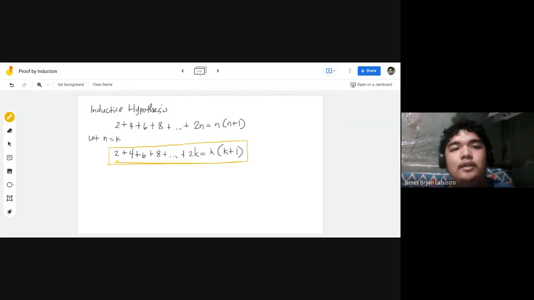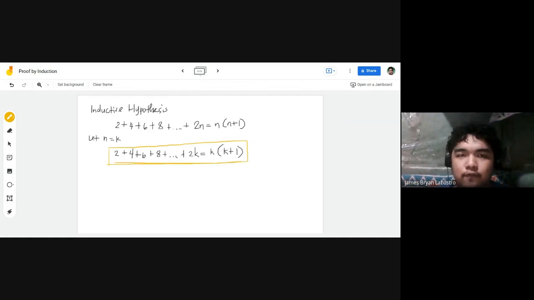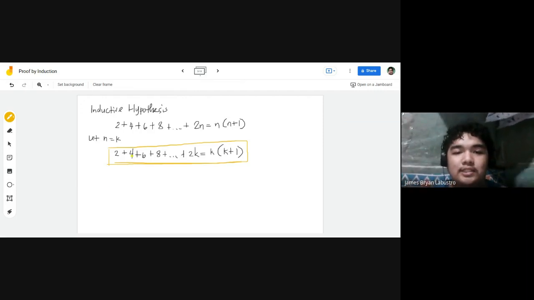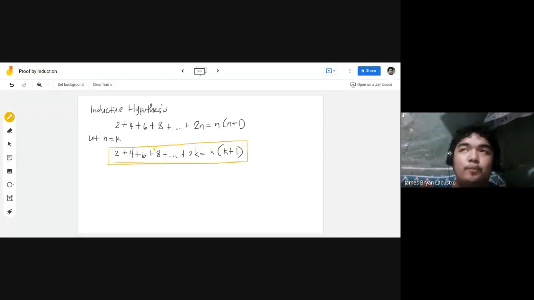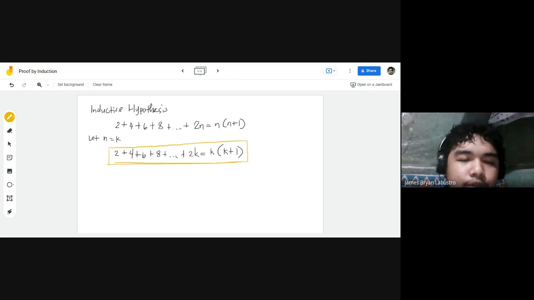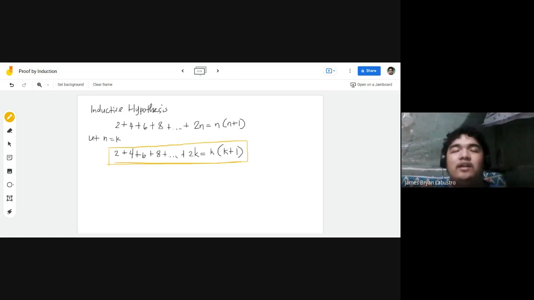If we're going to prove that statement, we use this statement, the inductive hypothesis, in getting to prove it once we have the induction step. So that was the inductive hypothesis.